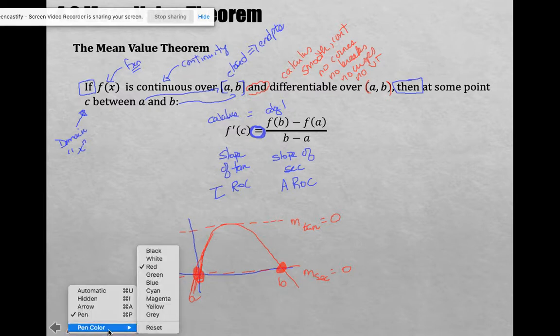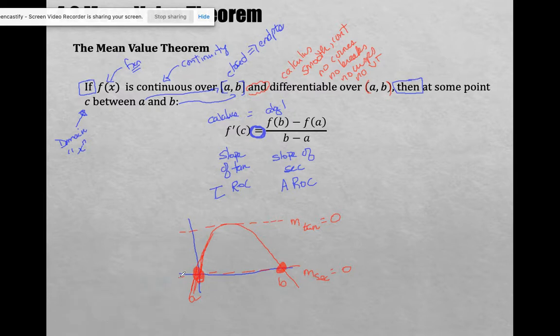Now, I didn't even think about the mean value theorem. I just drew those. But now, let me think about the mean value theorem. Is this parabola a function? It is. Is it continuous? Well, it's continuous everywhere, so it's certainly continuous on any interval.